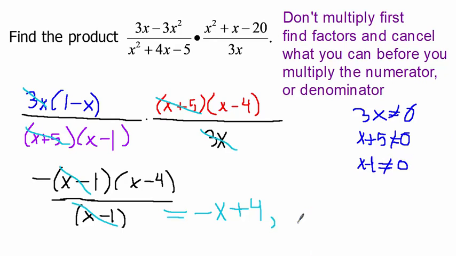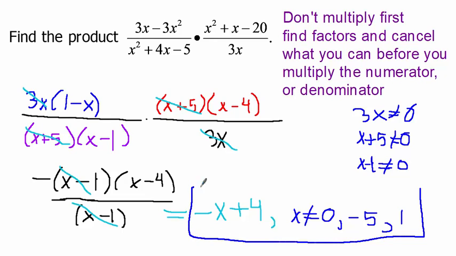And because of those 3 things, I need to say that x cannot equal 0, -5, and +1. So it can turn out that my final answer isn't even a fraction anymore, but I still have to include the limits on the domain based on the original problem.